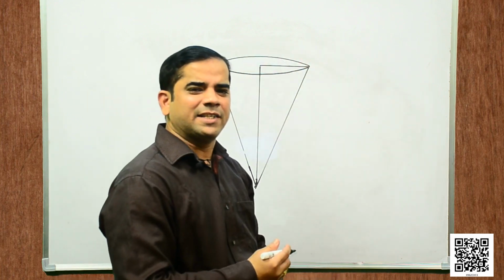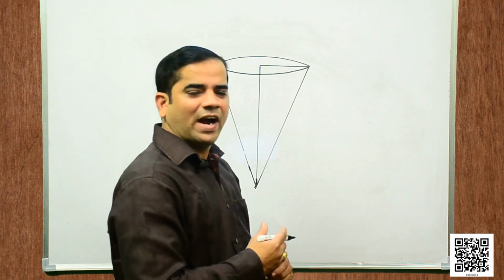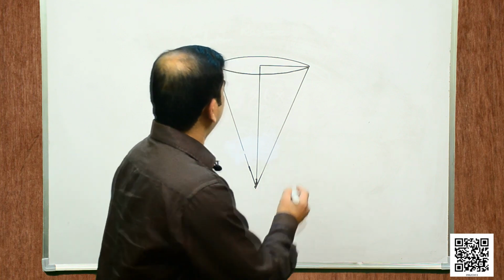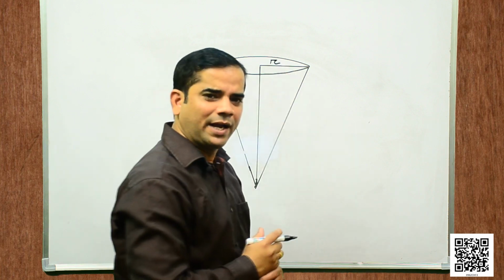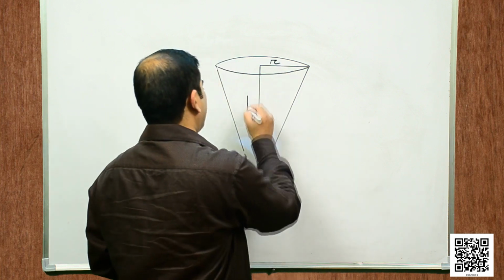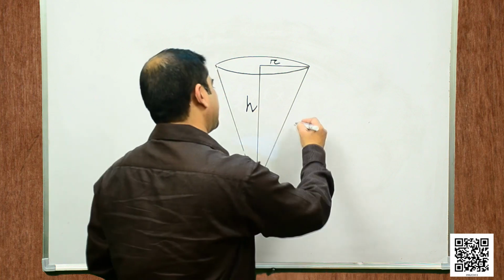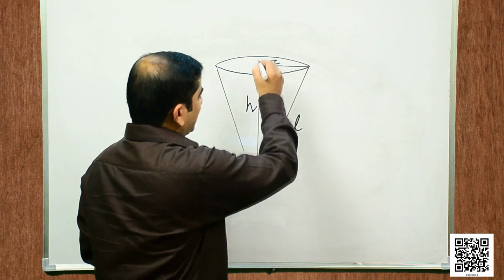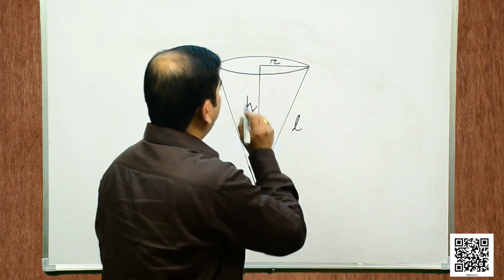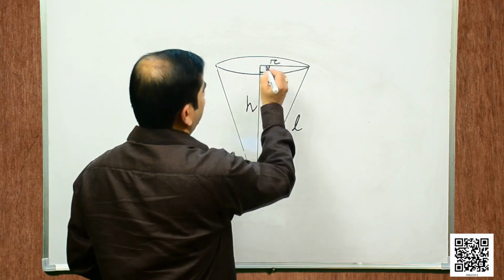Students, let us now see how we can find out L. This is the radius of the base, represented by r. This is the height of the cone, and this is the slant height L. We know that the height is perpendicular to the base, that means this is 90 degrees.